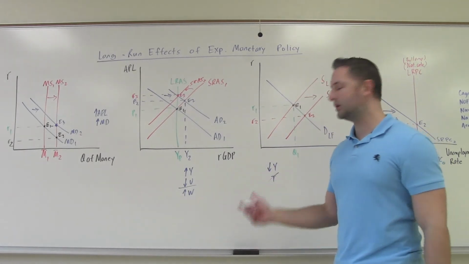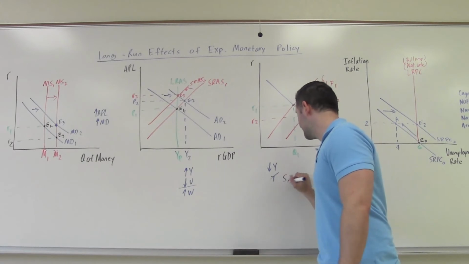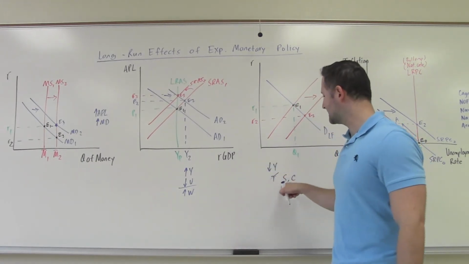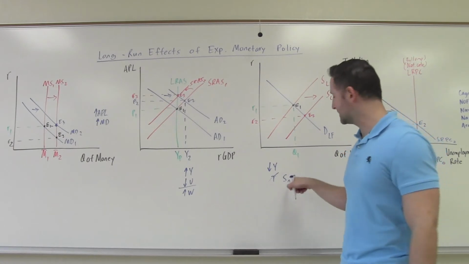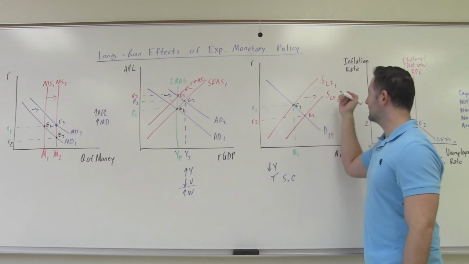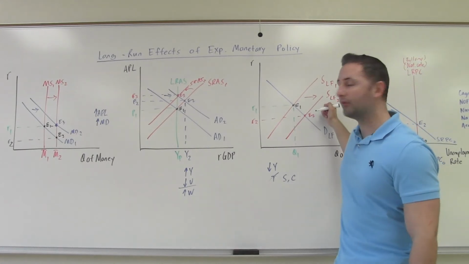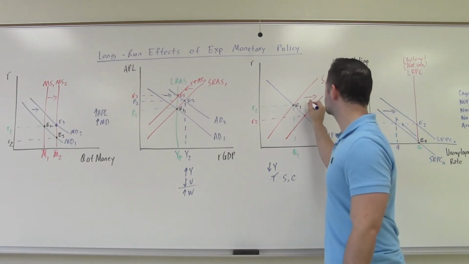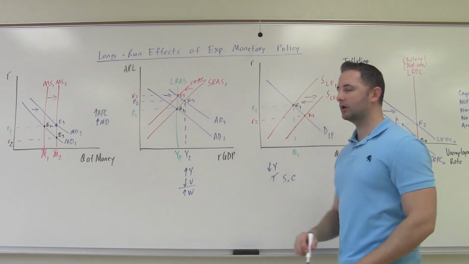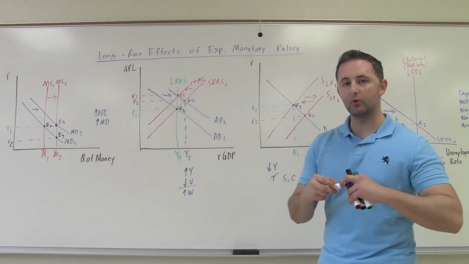The other two things we can do are to save and to consume. When our income decreases, we cannot save as much, nor can we consume as much. So savings decreases. We know that savers are represented by the supply of loanable funds, so the supply of loanable funds is simply going to shift back to the left, returning the interest rate back to its original equilibrium.